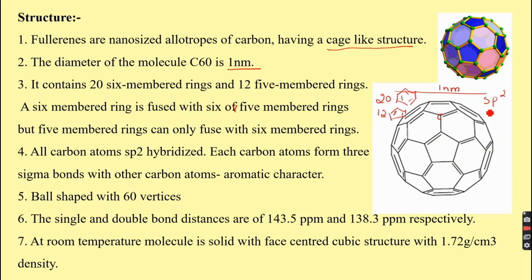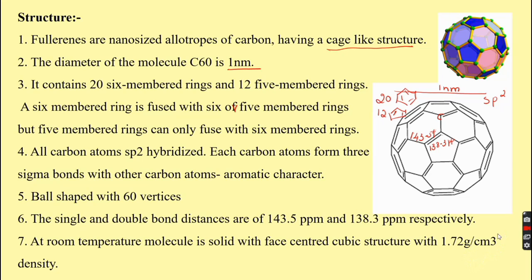The single bond distance is 143.5 pm and the double bond distance is 138.3 pm respectively. At room temperature, the molecule is a solid with a face-centered cubic structure and a density of 1.72 gram per cm cube.